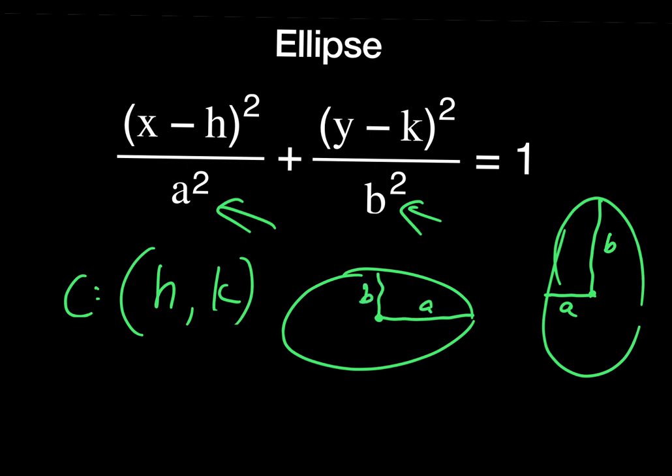This one is the b, it's the one in the y direction. How do I know it's in the x and the y direction? The a is under the x. The b is under the y. Whatever number is under the y, that's my y direction. And that's how I know. So if this number is bigger than this one, the square root of b would be larger than the square root of a, and that's how I know it would be a longer direction in the b than in the a. So that's an ellipse.